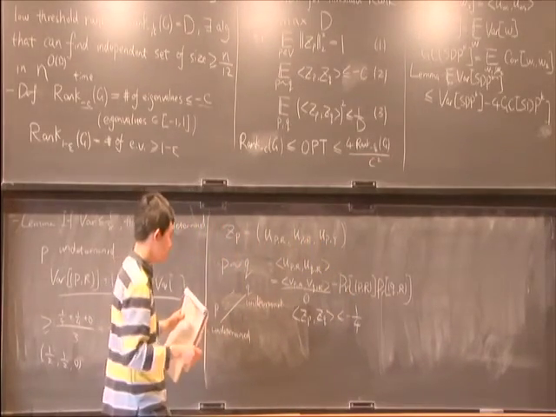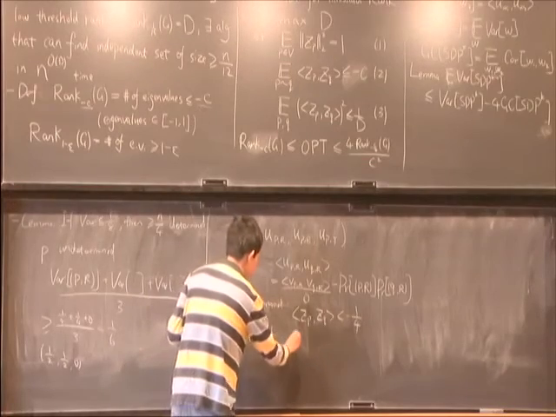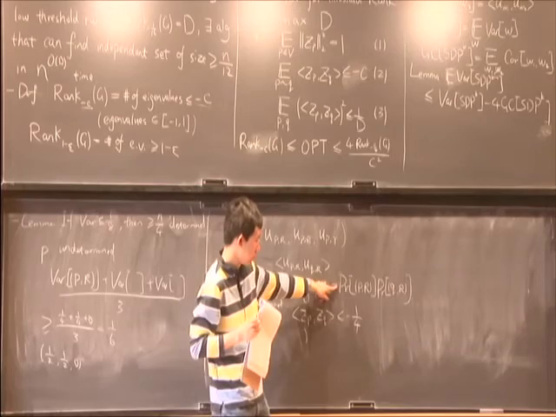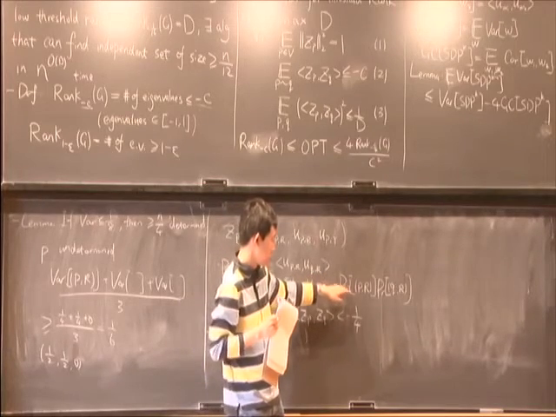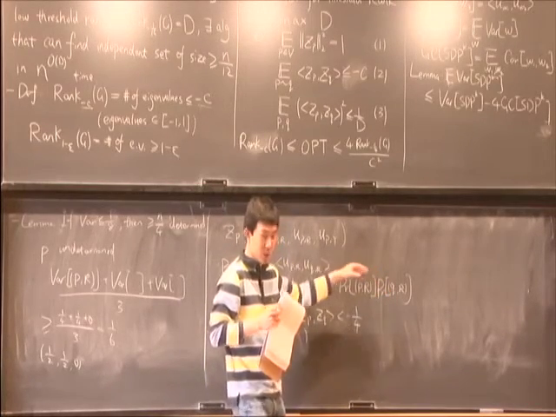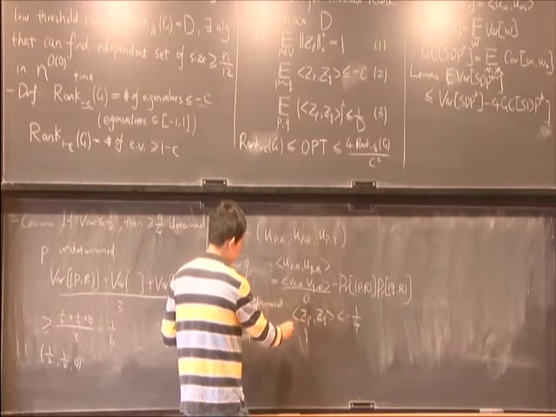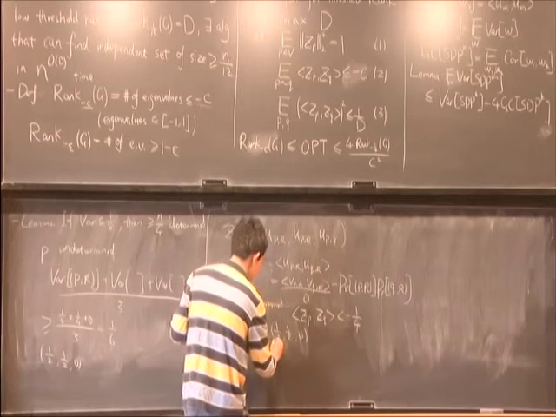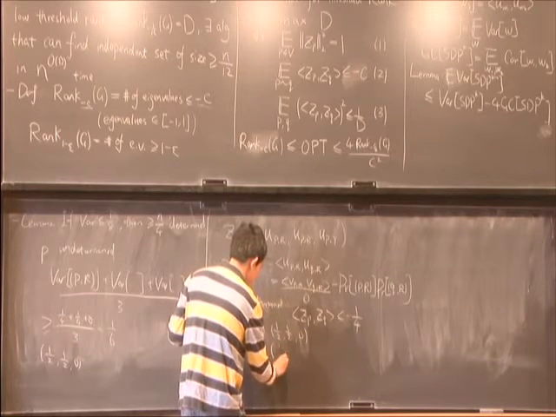Well, this is simple because this inner product is minus the probabilities. So the worst case happens when P has probabilities like half, half, 0. Q have probabilities like 0, half, half.